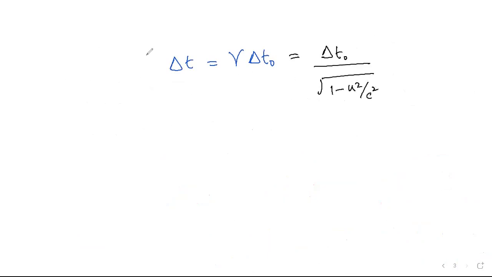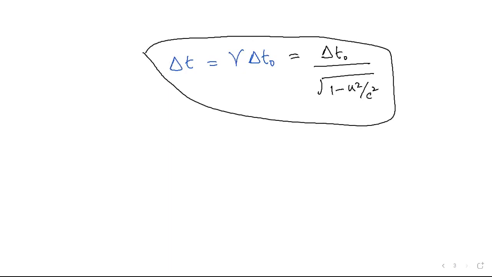Let me write: delta t is equal to gamma times delta t naught, which is equal to delta t naught over square root 1 minus u square by c square.